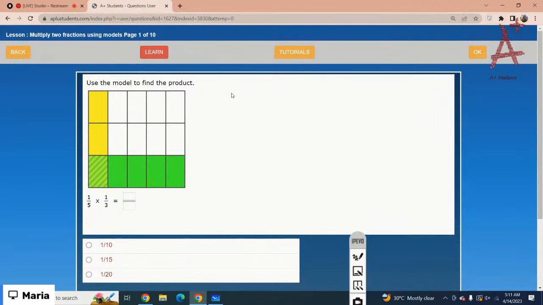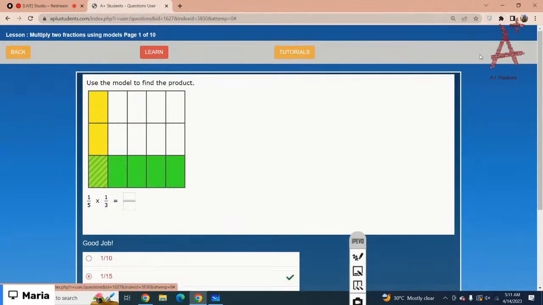You have to count the total squares. The total squares are 15. And out of the 15, just one of them is the one that overlaps with both the colors. So it is 1 over 15. Got it? You have 15 squares and just one block that overlaps between both the colors, so it would be 1 over 15.